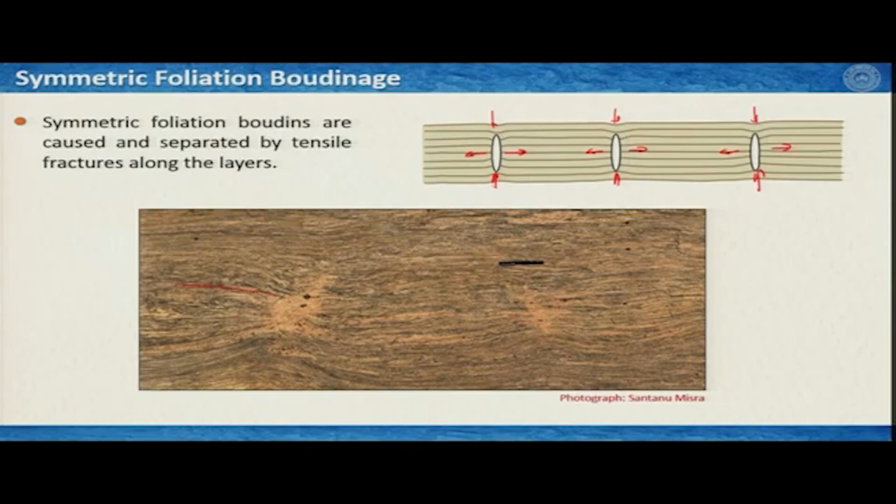So, you see that this packet of layers here got Boudinaged, and this is the tensile fracture that it has developed, right. So, there is no apparent slip along this, or no visible slip between this segment and this segment and this segment, and therefore, this is a symmetric type of foliation Boudinage.